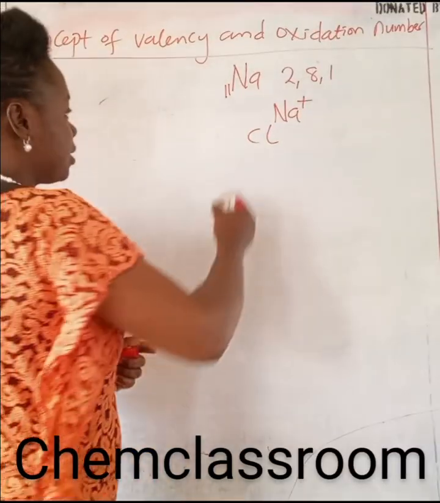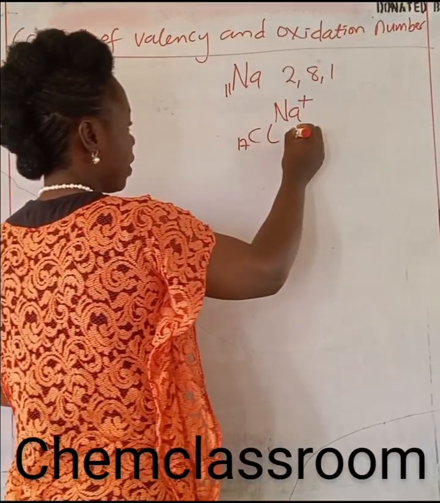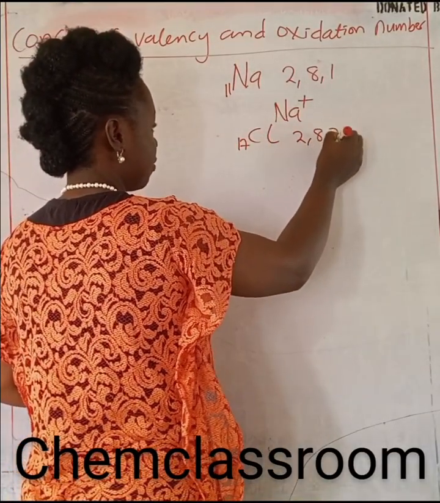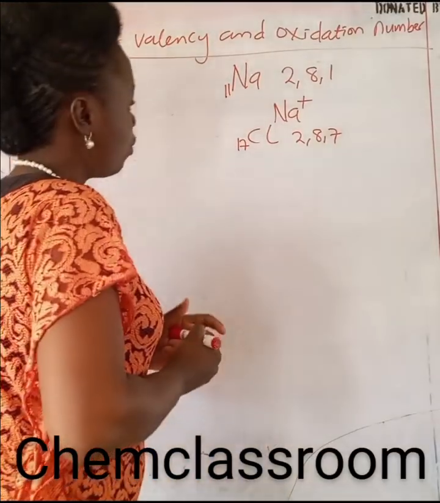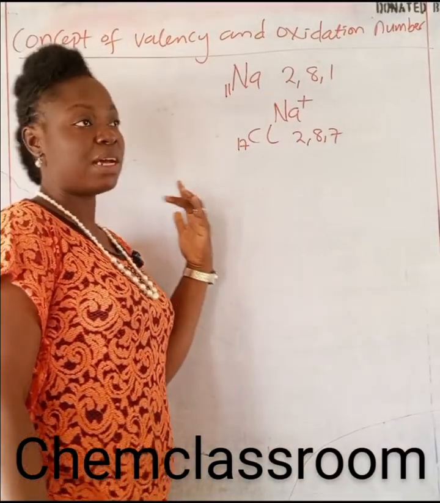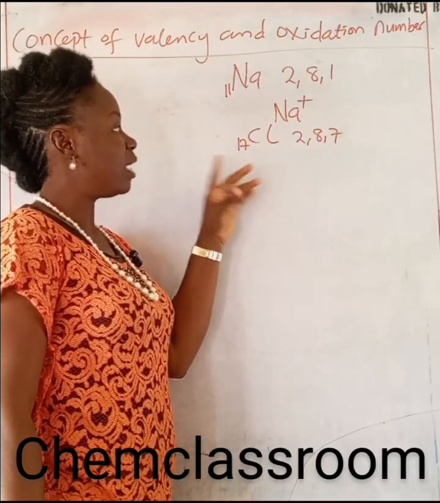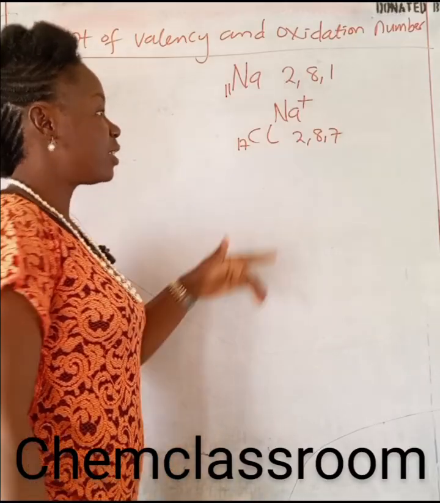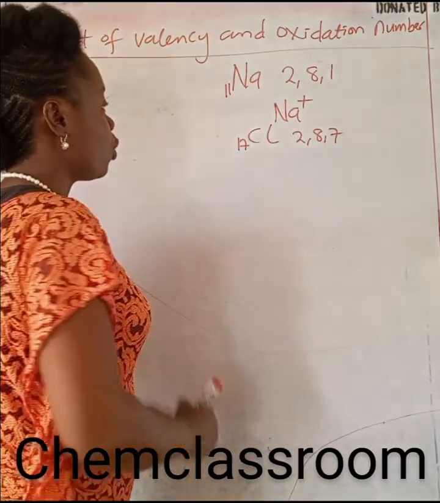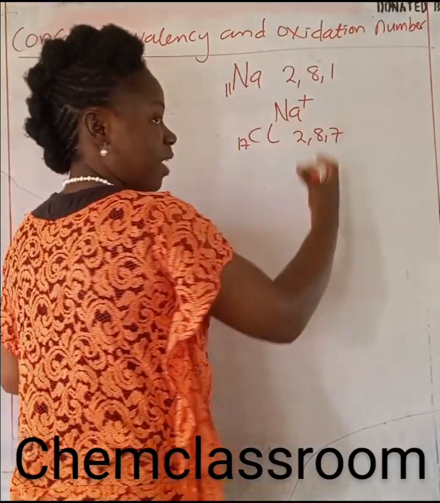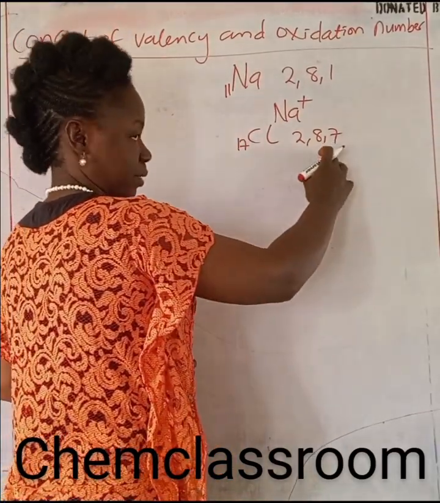Chlorine is 17, so we have 2, 8, 7. If you look at what we have on the board, chlorine needs just 1 electron to complete the octet structure. So the valency of chlorine is 7.